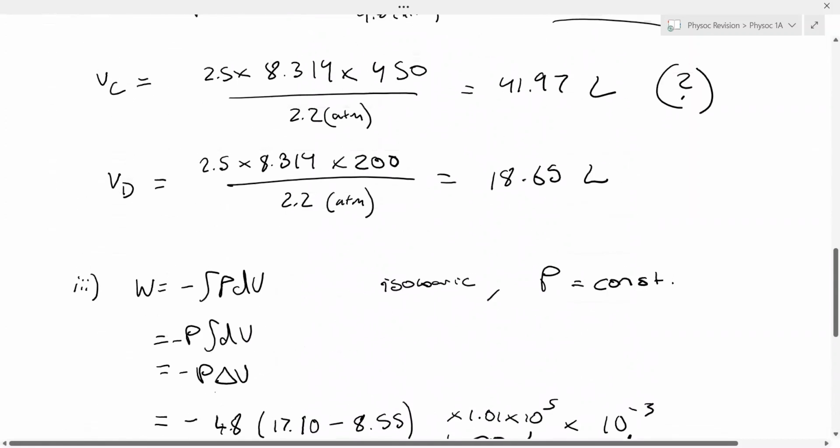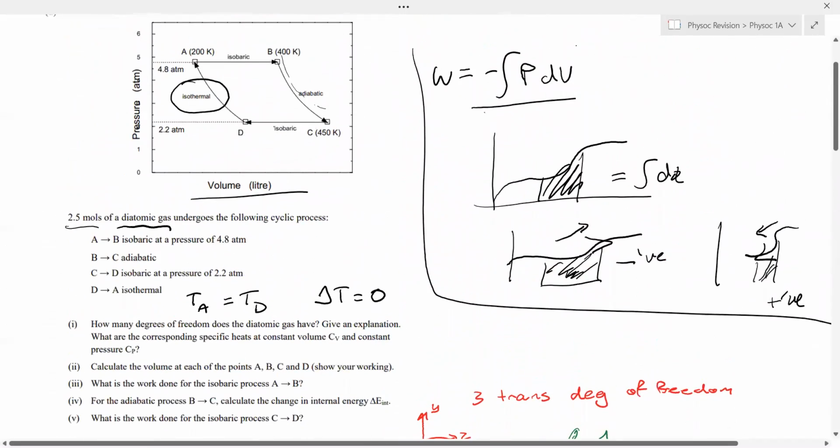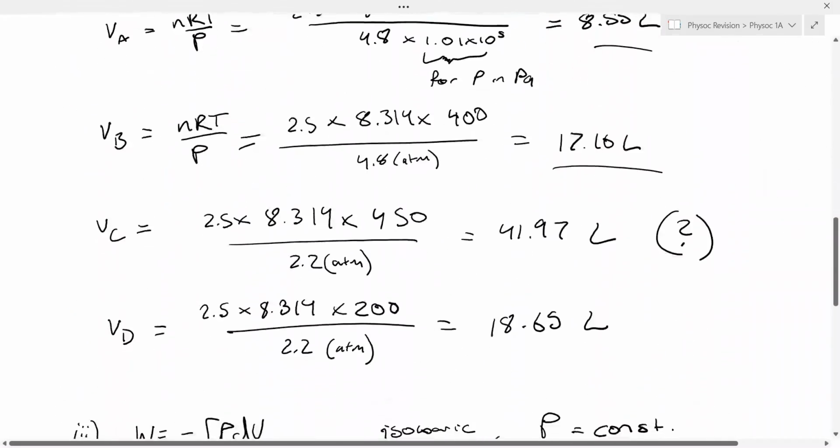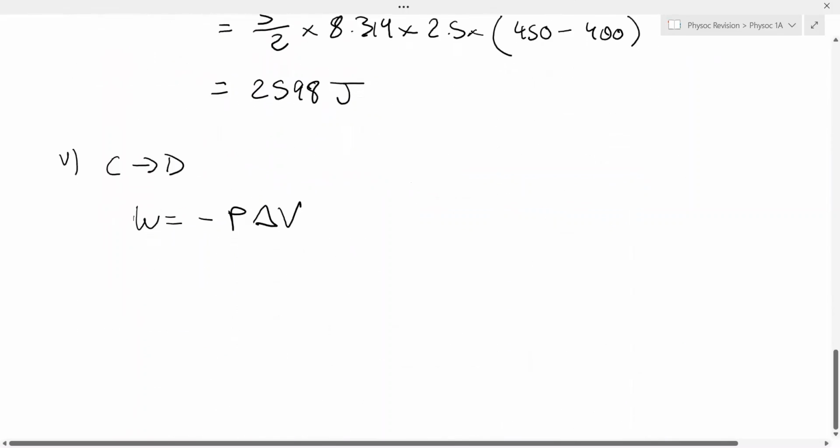This time our pressure is 2.2 atmospheres down the bottom, and our change in volume we calculated here. We want these two volumes now.